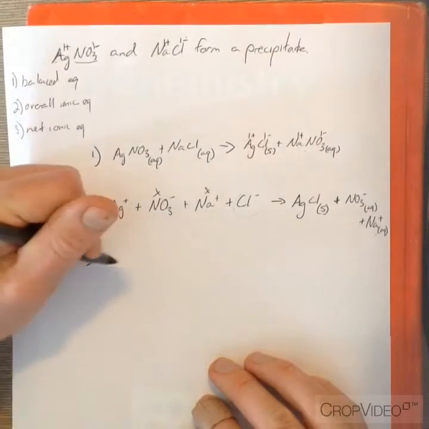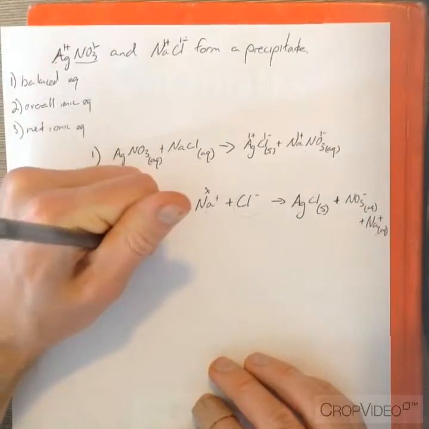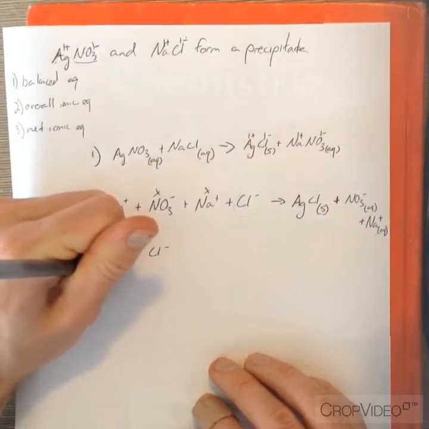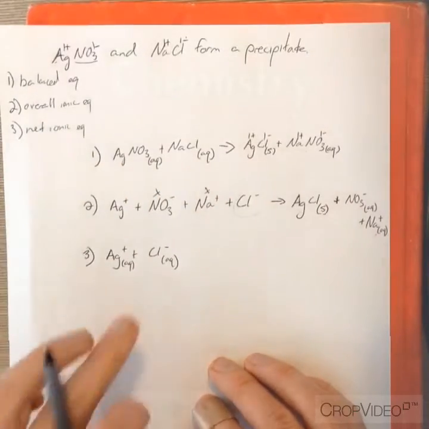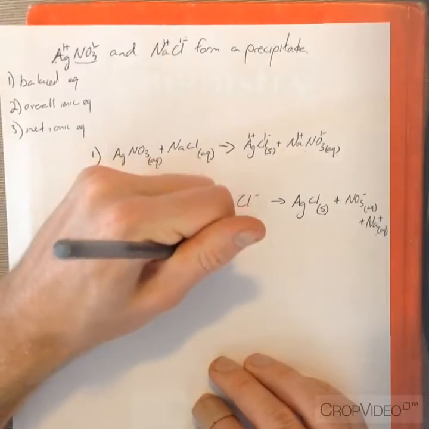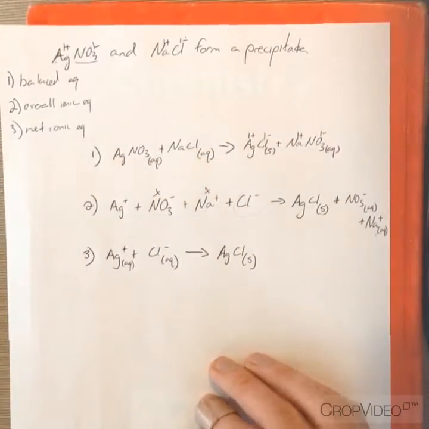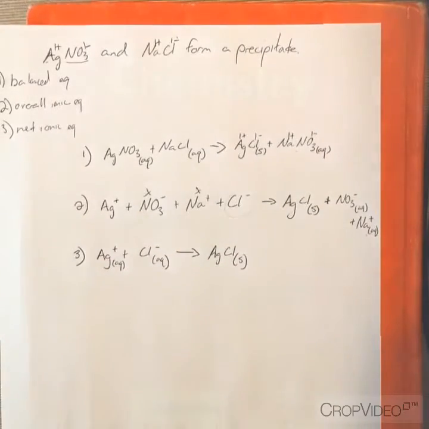So I'm basically just going to take silver and chlorine, positive, negative, AQ, AQ. So that is our reactants. Our products is AgCl. And that one was really easy, because I basically just did a shortened up version of number 2 there.